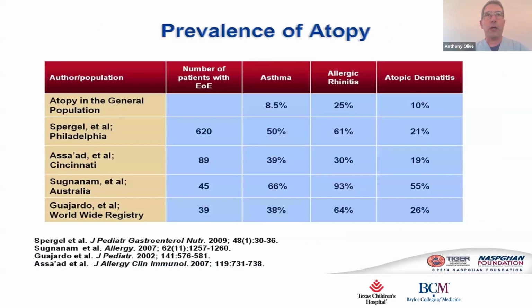Individuals with EOE are highly atopic. So if you look at the prevalence of atopic conditions such as asthma, allergic rhinitis, and atopic dermatitis in the general population, it's much lower than in EOE, as evidenced by these 4 subsequent reports where prevalence of atopic conditions can be upwards of 50%, and much higher than what one would see in the general population.